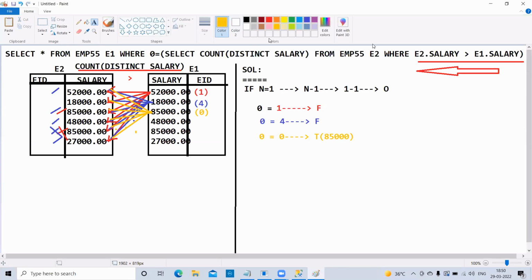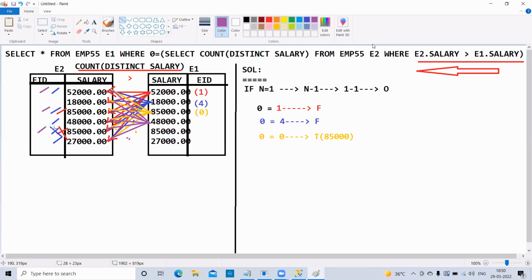Okay, fine. The next one is 48. 48,000 above, how many values are greater? 52 is there, 85 is there, 85 is there. So 3 values.